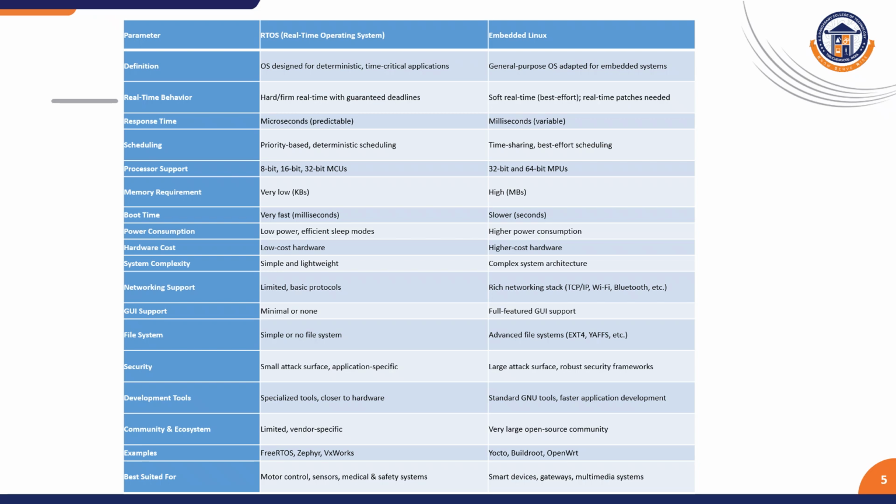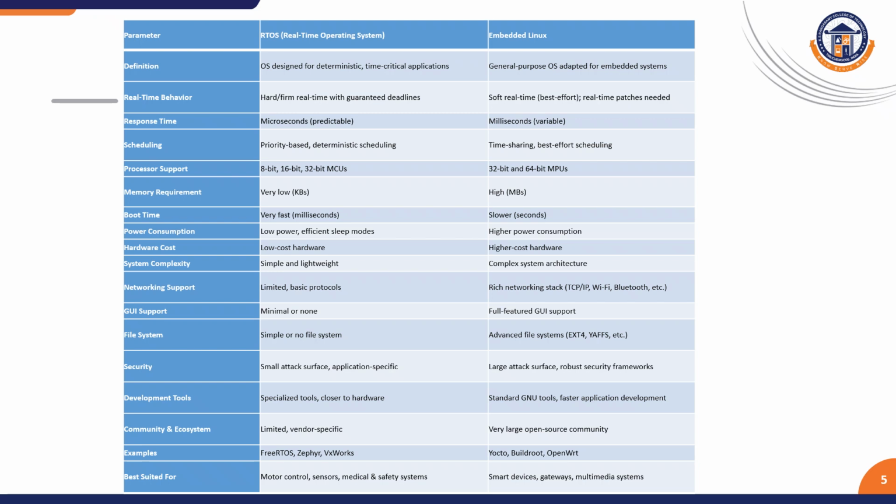File system: simple or no file system is required for the real-time operating system, but embedded Linux requires an advanced file system. Security: a small attack surface, application specific, versus a large attack surface and a robust security framework.